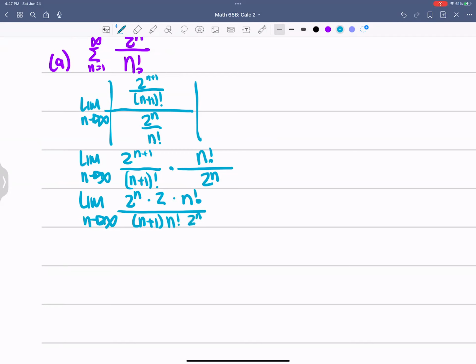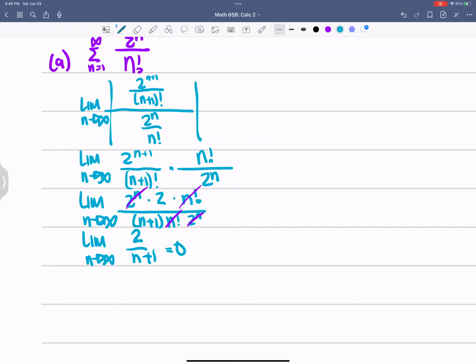The n factorials divide out, the 2 to the power n's divide out. And now we're left with the limit as n approaches infinity of 2 over n plus 1. And as n approaches infinity, this goes to 0.